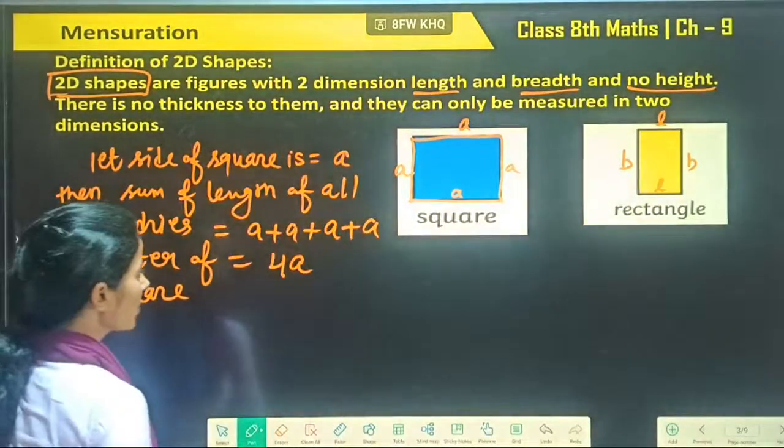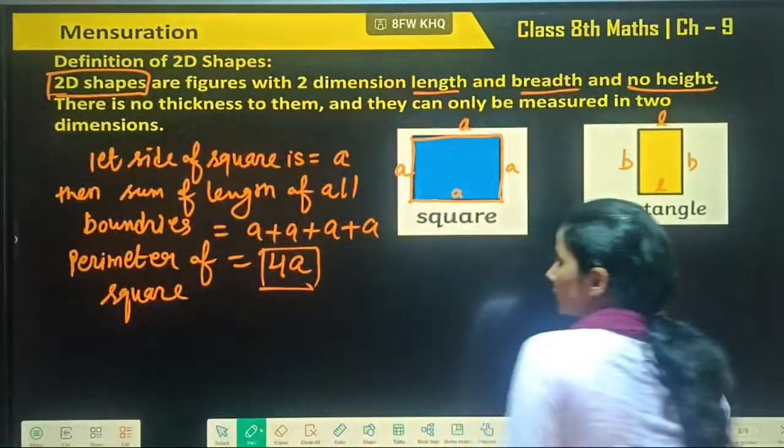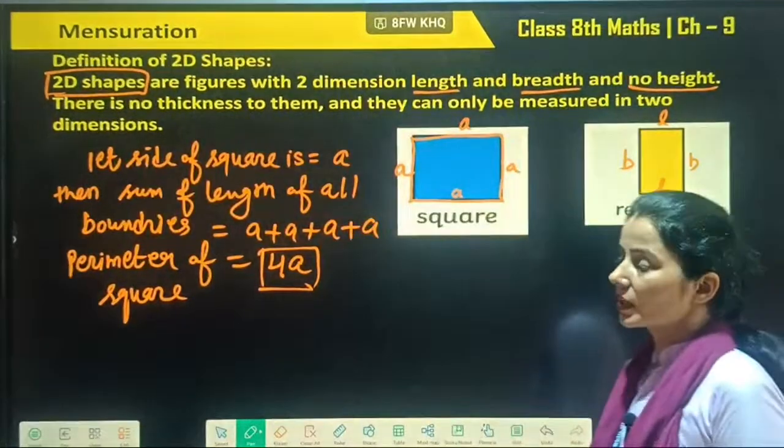Perimeter of a square is 4 into side. 4 into side. And what will be its area?